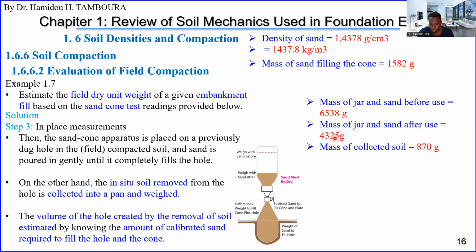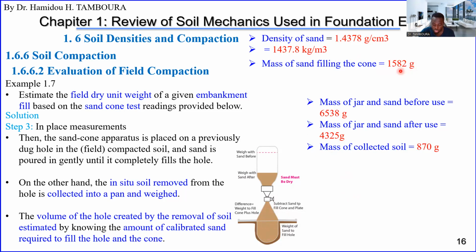How much will you obtain? 6,538 minus 4,325. You will obtain about 2,213. But this 2,213 is the mass of the sand in the cone plus the mass of the sand in the hole. But if you remember, the mass to fill this cone is here.